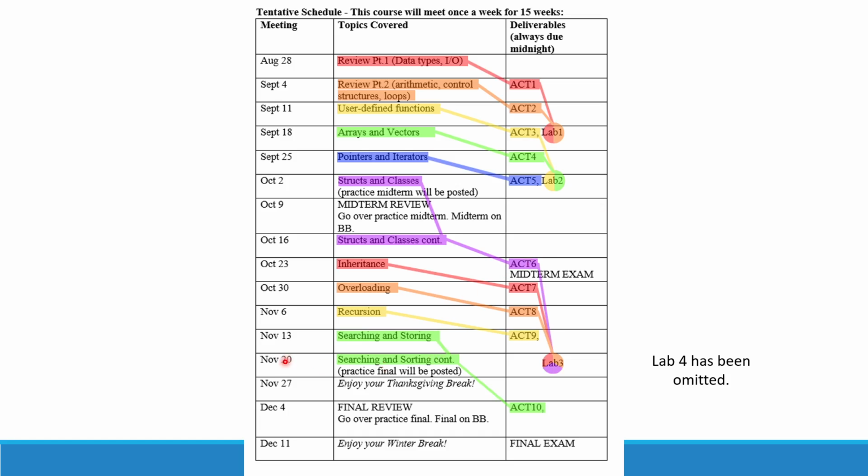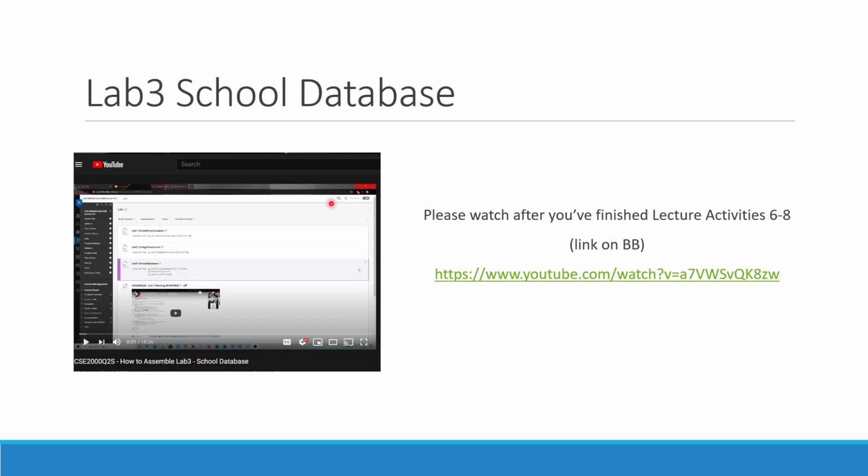But anyways, aside from that, you have one assignment due tonight, and that's your lab 3. In case you haven't turned in lab 3 already, there is a video on Blackboard showing how to assemble it. Please watch it after you complete the lecture activity 6 through 8, which, to be honest, most of you already did.